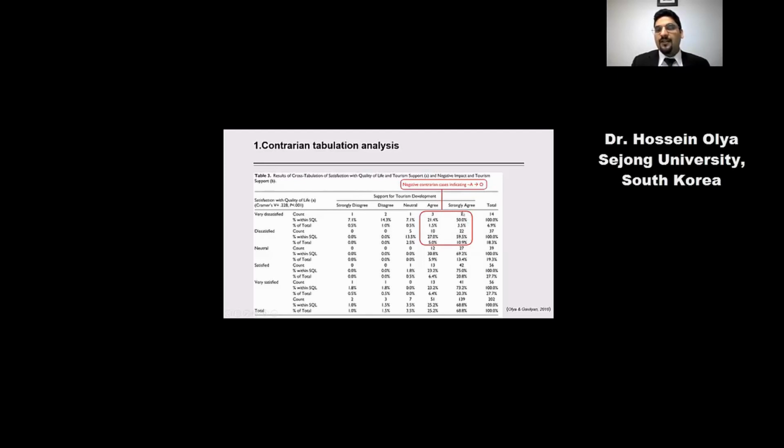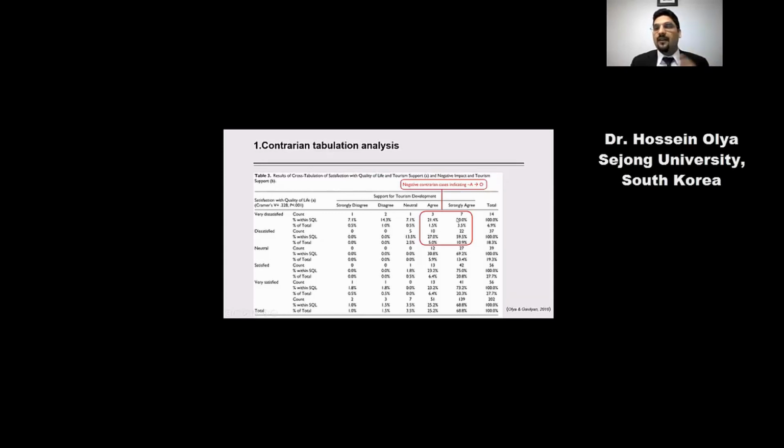So these people go against the theoretical background and the literature, but they are real. We have these people, and we are going to consider their view.